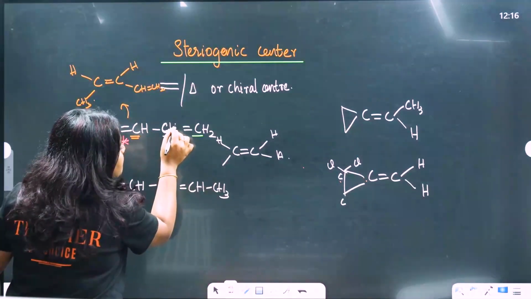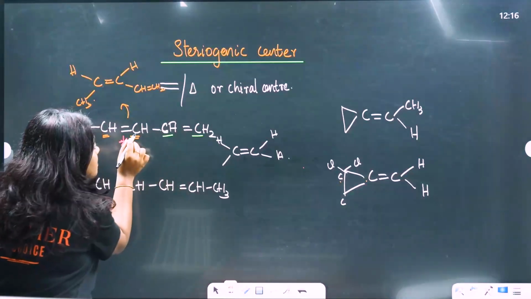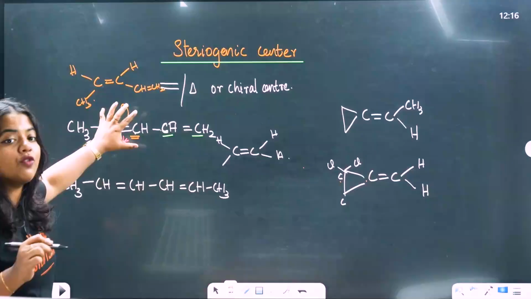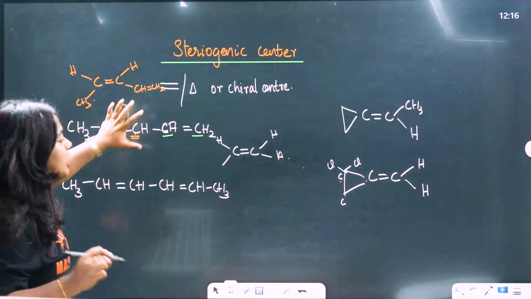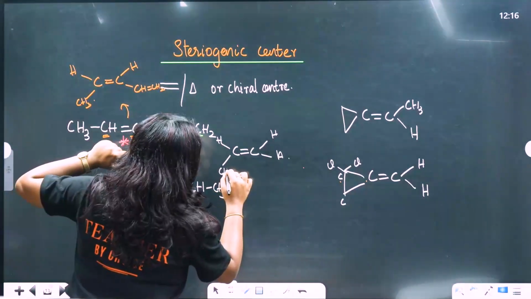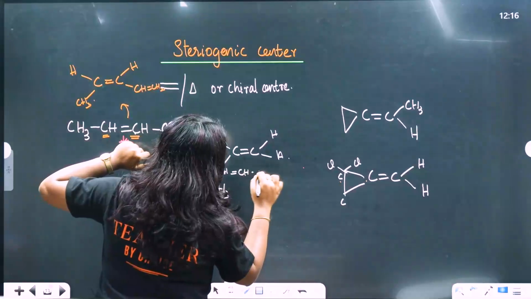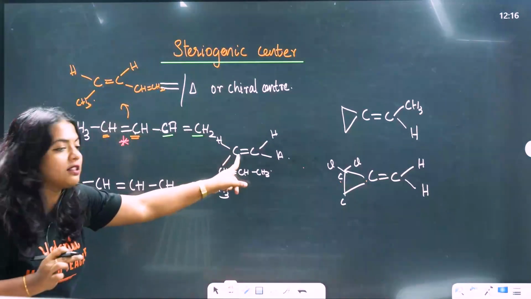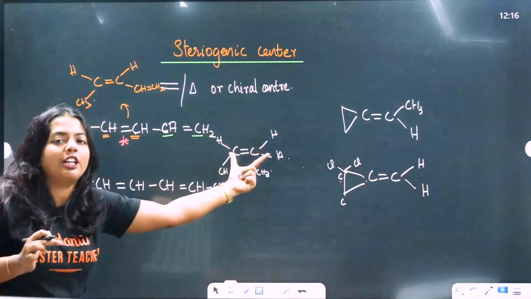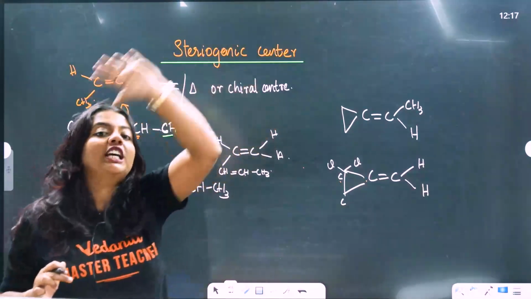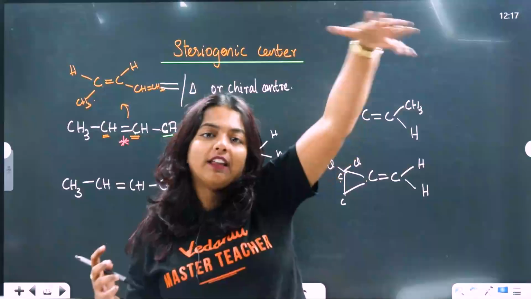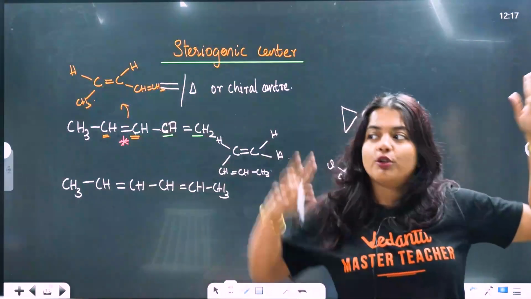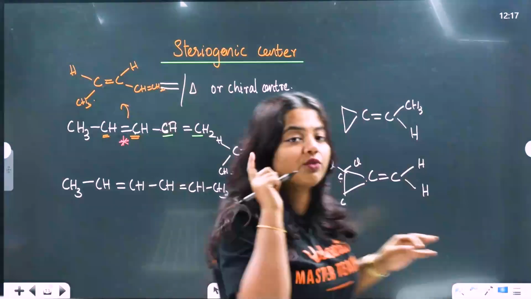Based on this carbon, there is one hydrogen here. Similarly, the group CH double bond CH CH3 also belongs to this. That is very important to understand. So you can see that CH double bond CH3, this whole group is considered in the category of this valency of the carbon while we are considering this particular double bond. When we consider the double bond, we have considered the carbon on this side, and when looking at the other side, that also we have to consider. Okay, that is very important.